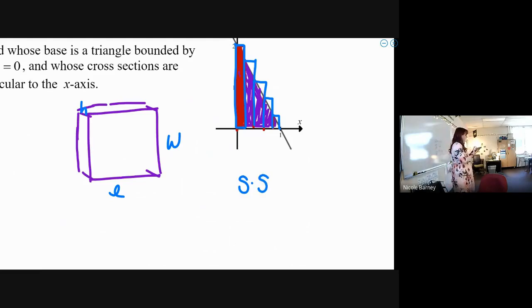So length and width are the same, we could call that a side, and that's a side, times the height. This is the very first example, and this is the conceptual side behind it.